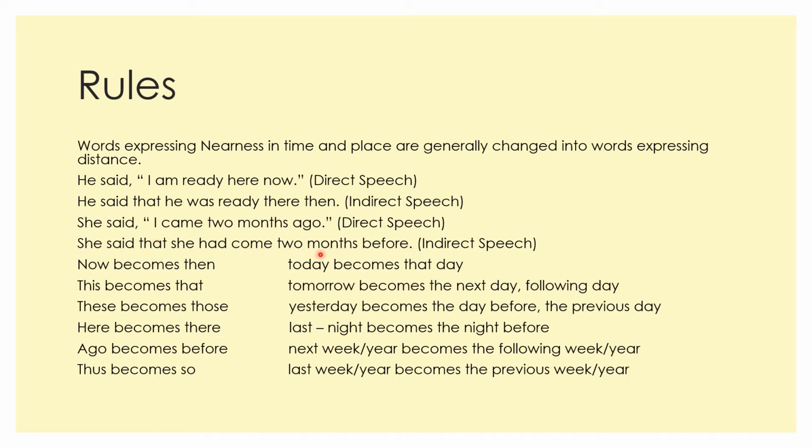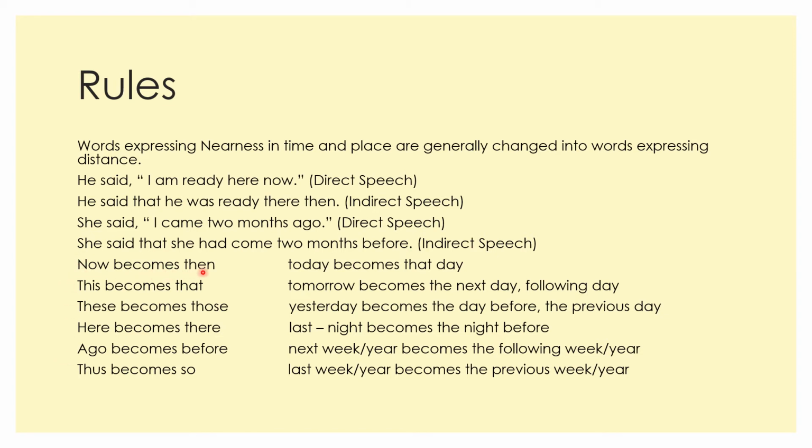The other changes in this sentence: after said use that, the pronoun I has become she, then came, which is in the simple past, has become the past perfect, had come. And this ago has become before. These are the changes in the words expressing nearness in time and place. They become words expressing distance and you are supposed to learn all this.